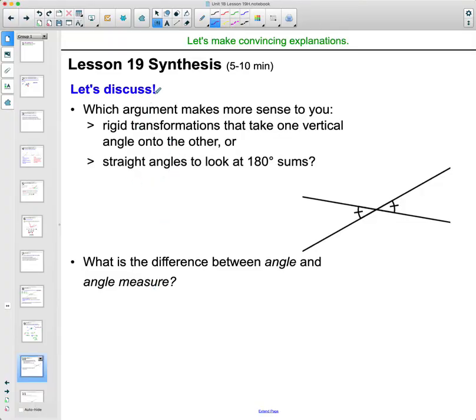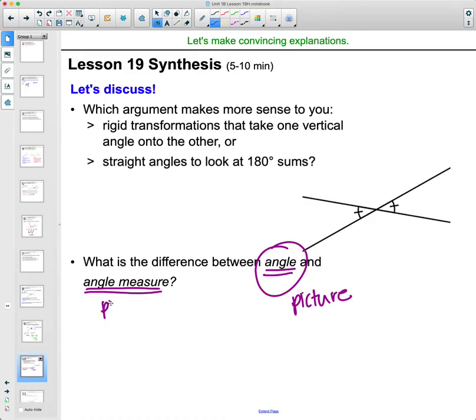Okay, so you maybe talked about rigid transformations, maybe talked about straight angles adding to 180. So what's the difference between an angle and an angle measure? Angle is the picture, and using transformations, rigid motions, it's the same shape and size, but you don't actually know the measurement.